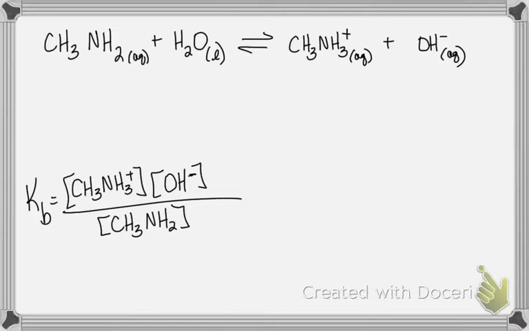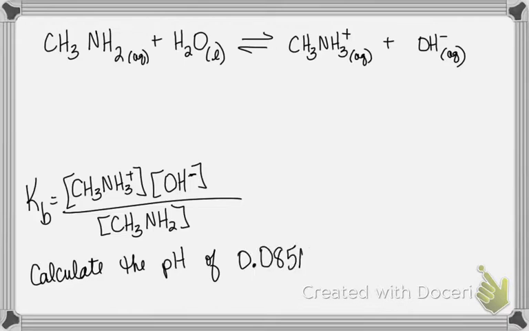Let's make it a problem, something we can calculate. Let's calculate the pH of 0.085 molar methylamine.